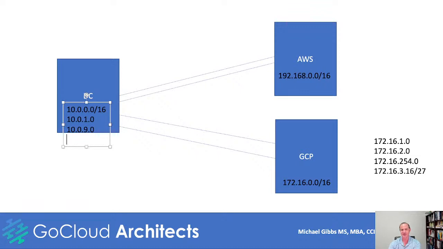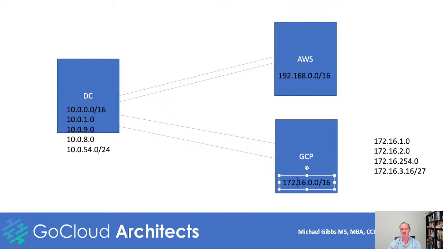And let's say we have a 10.0.8.0, and let's say we have a 10.0.54.0, and these are all /24s.